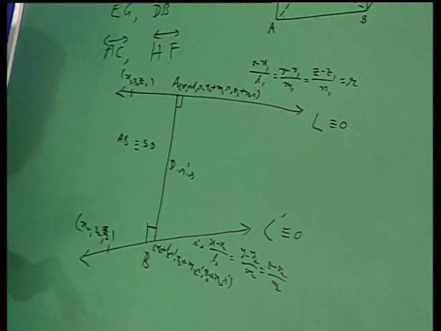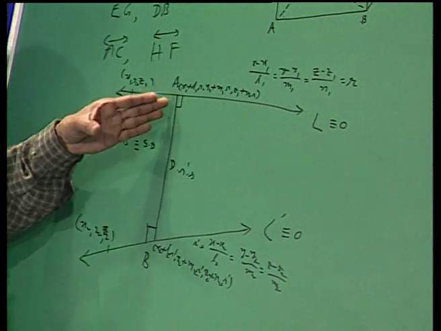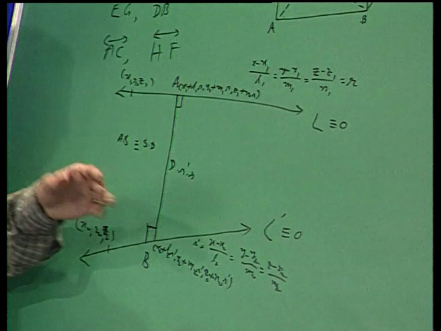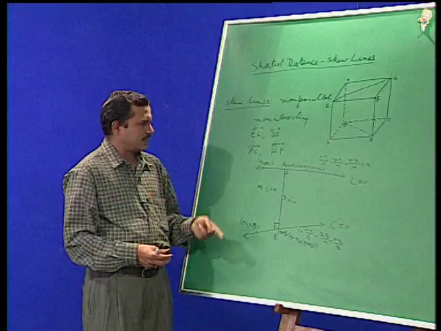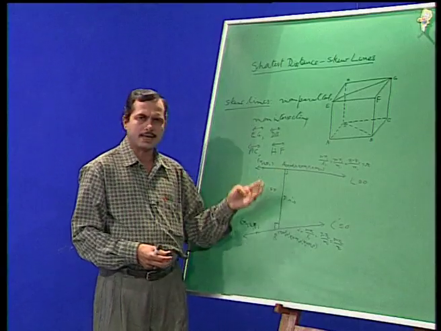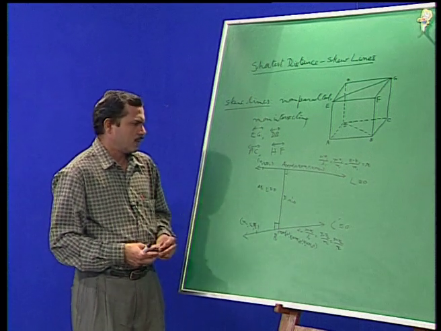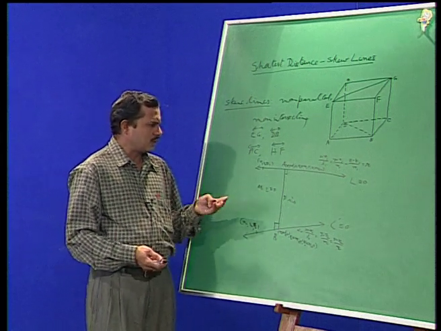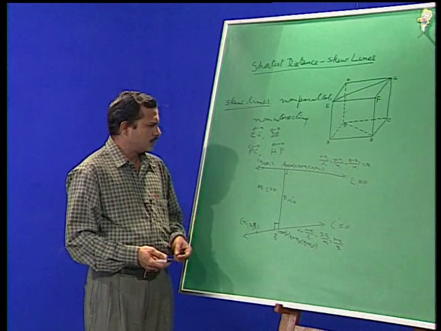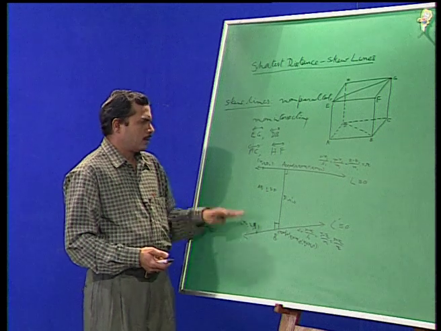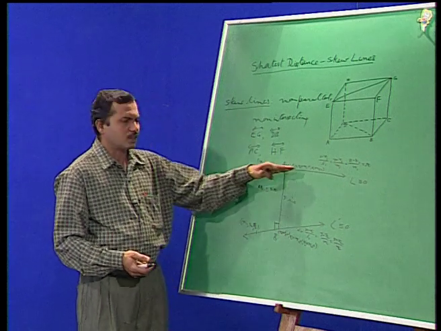So, when we apply the condition that this line segment AB is perpendicular to each of these two given lines, we obtain two equations in the unknowns R and R dash. From these two equations in R and R dash, we can solve the values of R and R dash. This is possible because these two lines are skew lines and therefore, they are non-parallel.